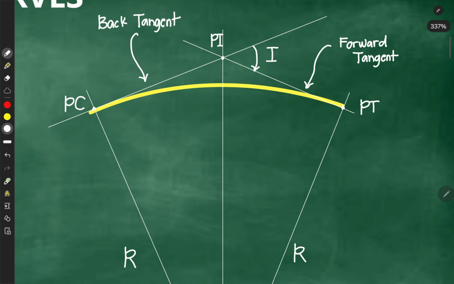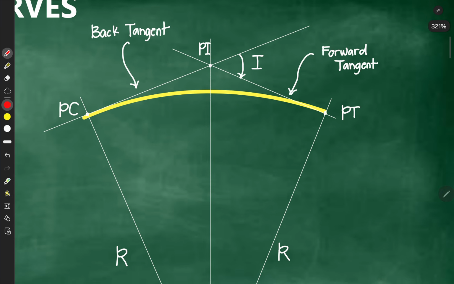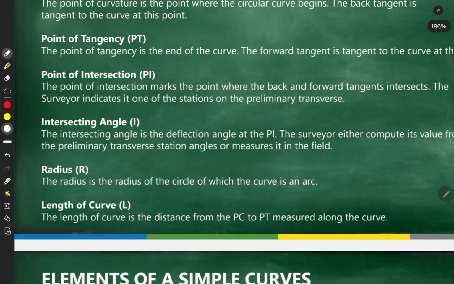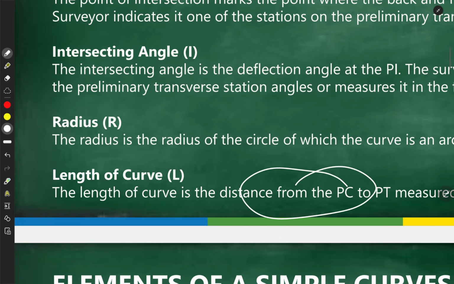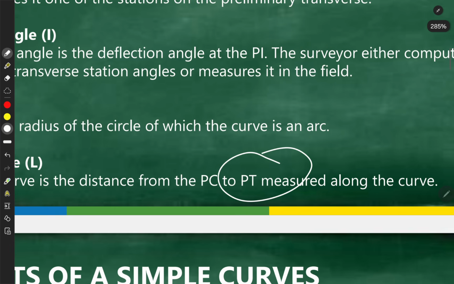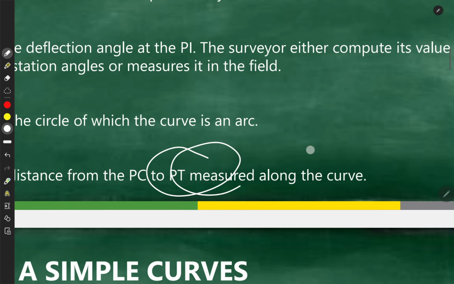So ito ngayon yun. Ito mismo, yung curve mismo yon. So that is our length of curve, and papangalanan natin yon as L only. Again, length of curve is the distance from the PC to the PT measured along the curve.